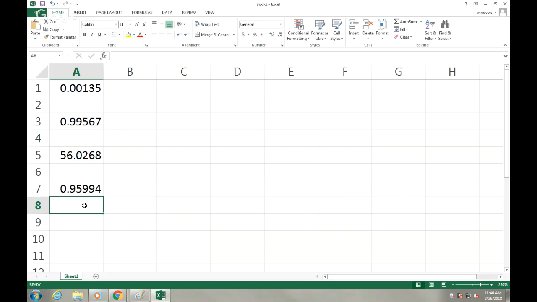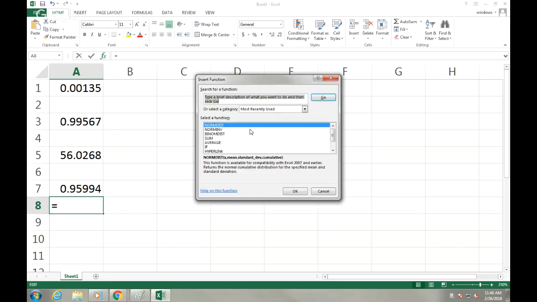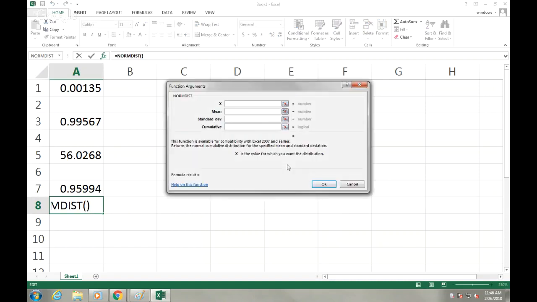Okay, then the second one, I'm going to go the same command, but this time my x is going to be 1. My mean is still going to be -3. My standard deviation is going to be 4. And cumulative, as always, is going to be true.